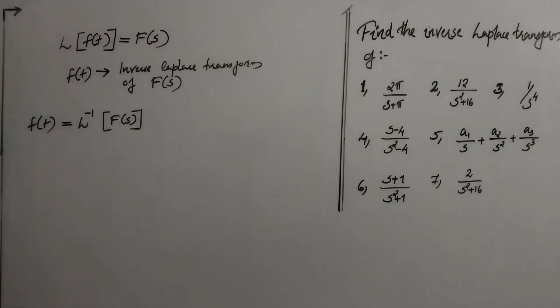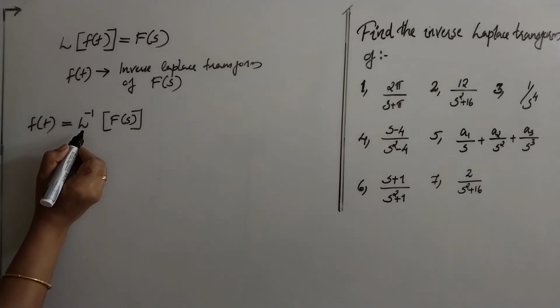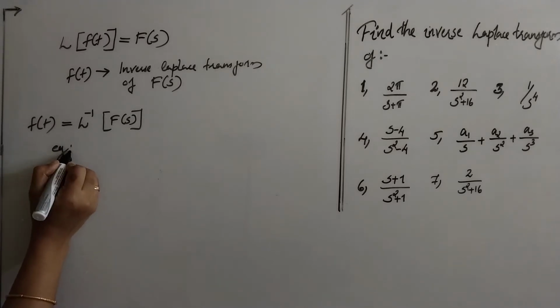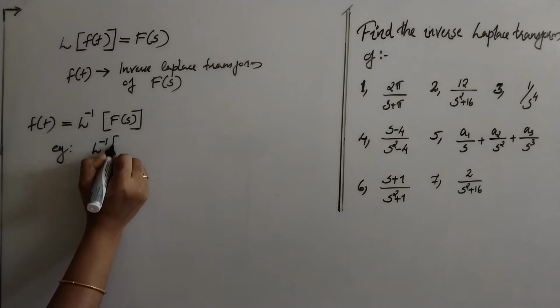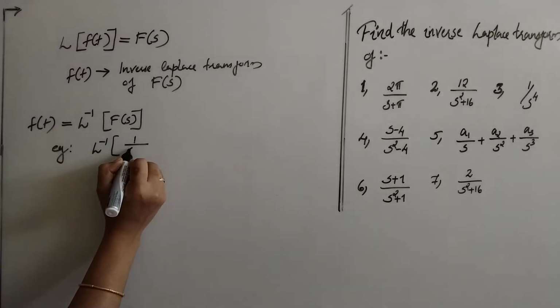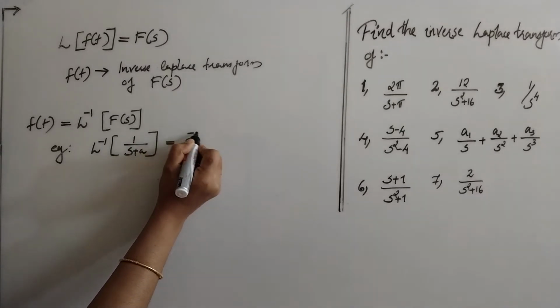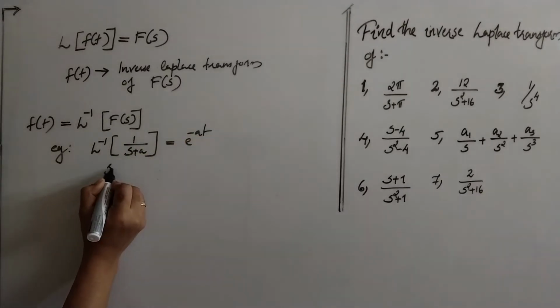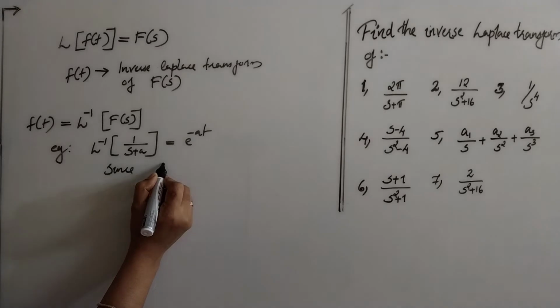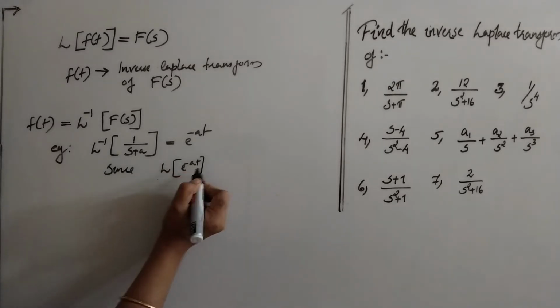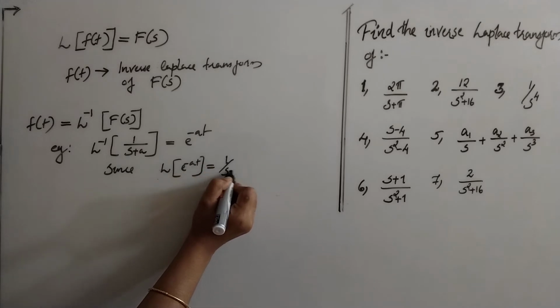For example, inverse Laplace transform of 1 by s plus a is equal to e raised to minus at, since Laplace transform of e raised to minus at is equal to 1 by s plus a.